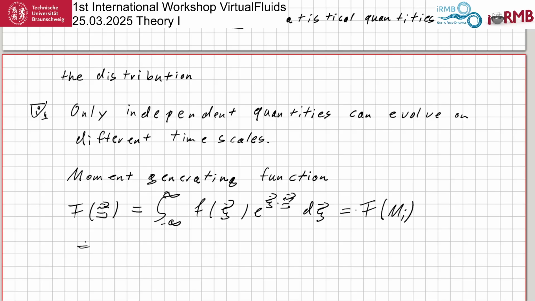This F is kind of a probability distribution, now in frequency space. So we just changed the space: the speed variable goes to a frequency variable, a velocity frequency. Unfortunately, it's not very intuitive what this means.